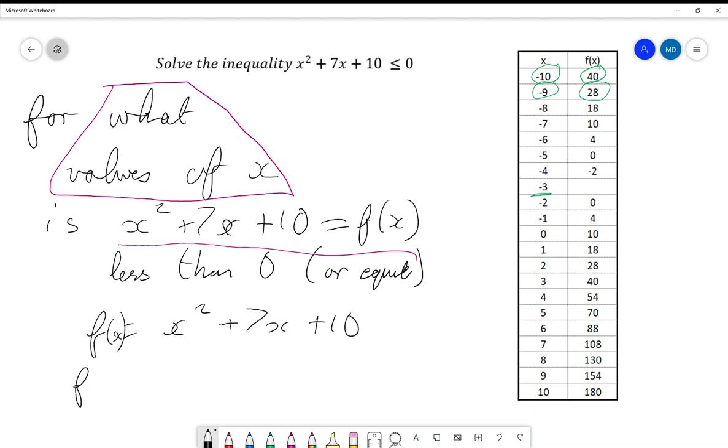So our f of negative 3, putting in negative 3 in place of x, is going to be equal to negative 3 squared, using brackets to make sure we remember we're squaring the whole thing, plus 7 lots of negative 3 plus 10.